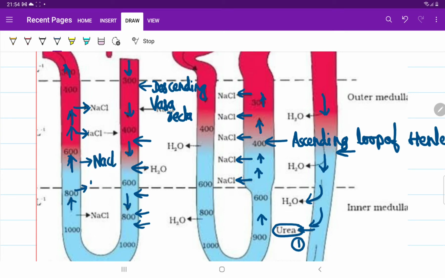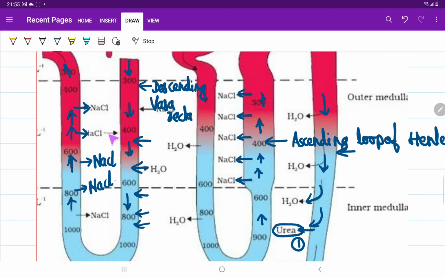From the ascending loop of Henle, the NaCl was absorbed into the interstitial fluid, then it entered the descending vasa recta, then went to the ascending vasa recta, and then again was secreted into the interstitial fluid.